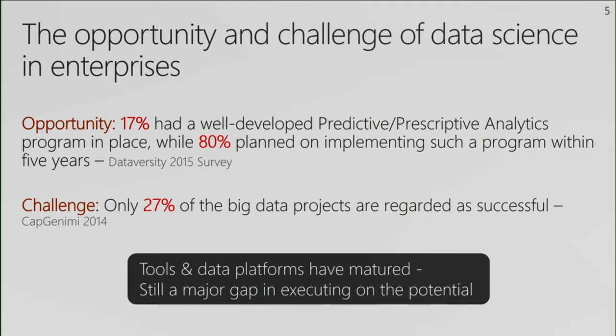Although the tools and data platforms are maturing, especially over the last few years, the data platforms have matured quite a bit for big data handling, and the data science tools have also evolved quite significantly. But still, there's a major gap in delivering value to those organizations who want to use data science to impact their businesses.